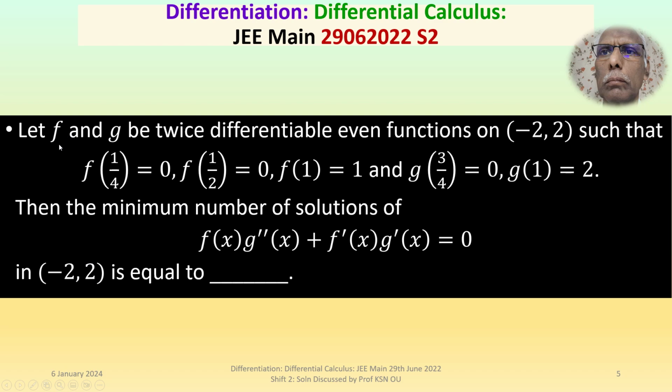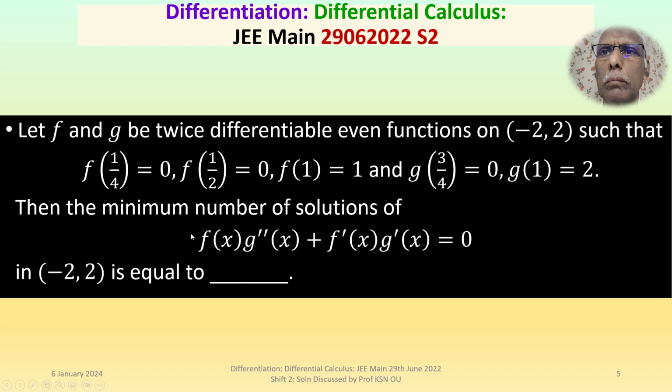We are given two functions f and g, and it is given that they are twice differentiable even functions in the interval -2 to 2, such that 1/4 is a solution of f of x, 1/2 is a solution of f of x, and f of 1 is equal to 1, and 3/4 is a solution of g of x, g of 1 is equal to 2.